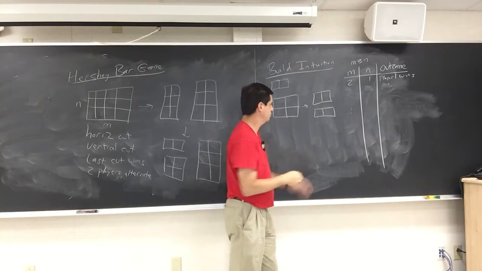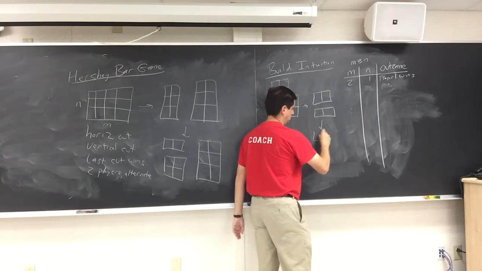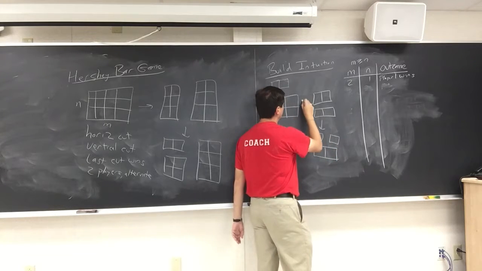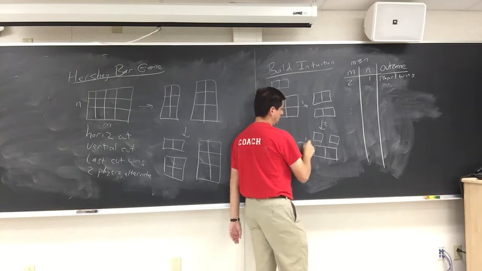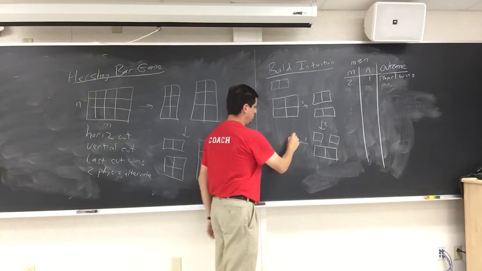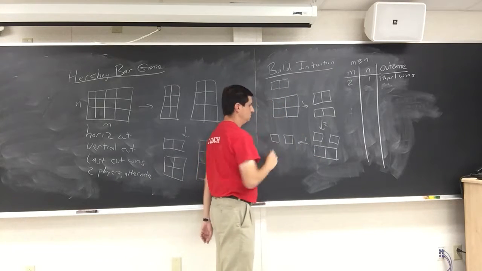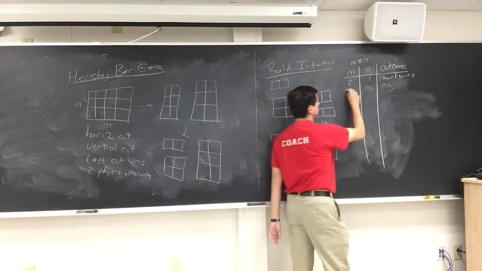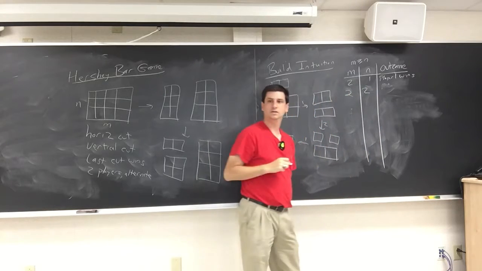One. Has to cut the top. So this was player one, player two, and now player one has the only possible move. And so what do we get? Player one wins.